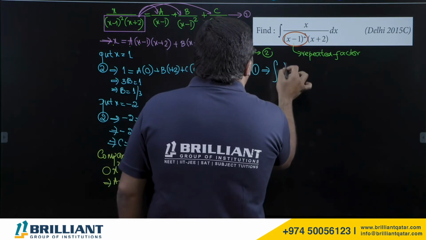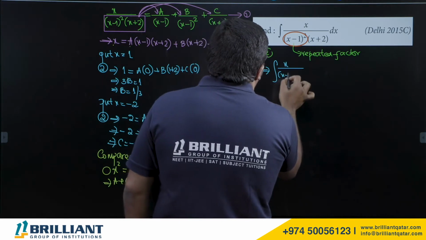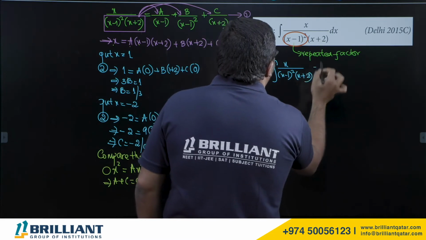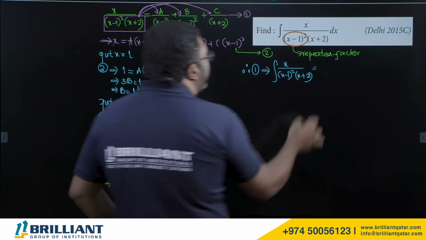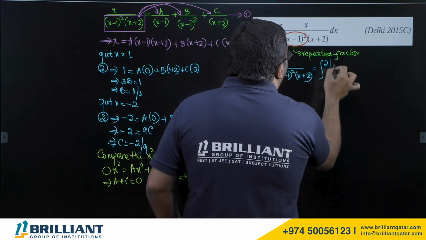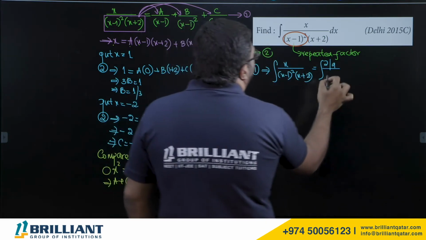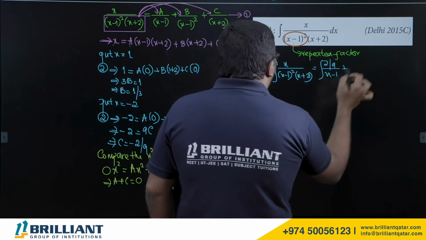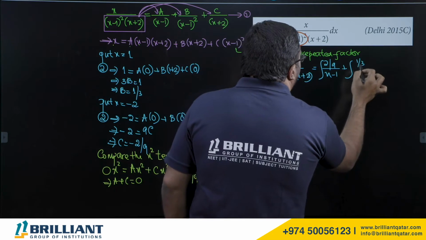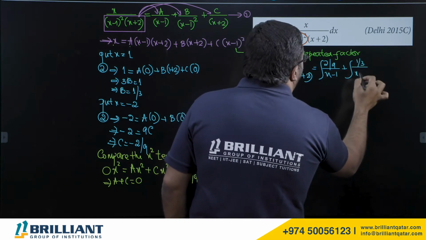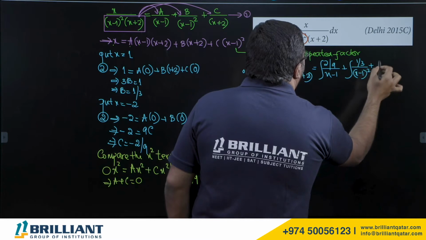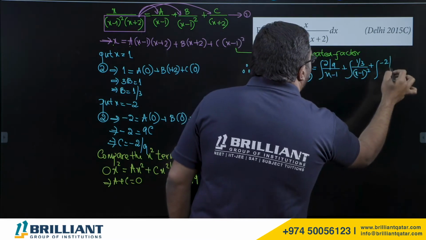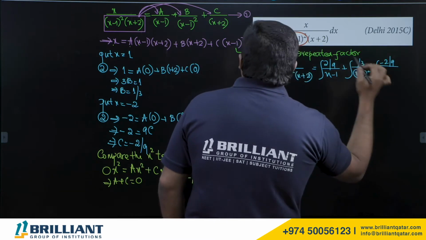the integral of x by x minus 1 squared into x plus 2 is equal to a, where a is 2 by 9, so the integral of 2 by 9 with x minus 1. Then b is 1 by 3 with x minus 1 squared, and then we have c as minus 2 by 9 divided by x plus 2.